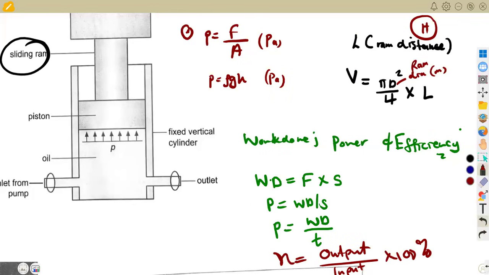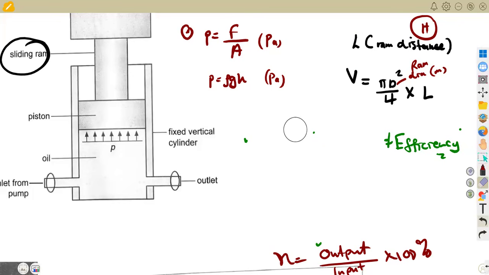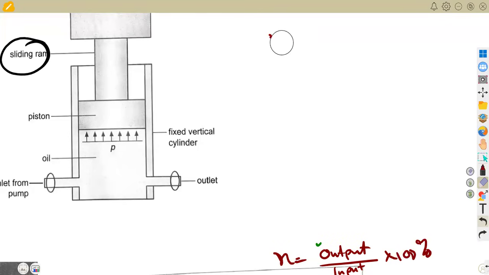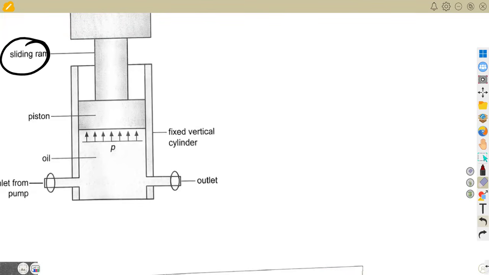Then also there's this question, and I have been talking about it. Most of you have been asking where it is coming from, but I think this is the right time to answer that question. You'll be asked to calculate the additional mass required to act as a weight to obtain the required pressure. There will be a certain pressure given and you want the additional mass.